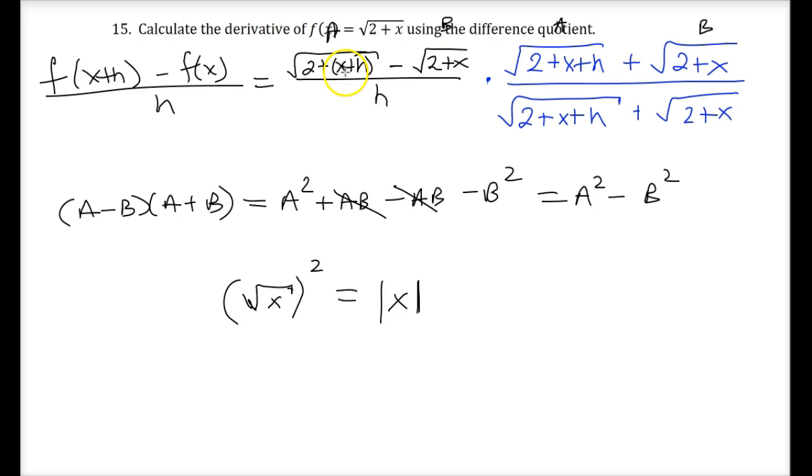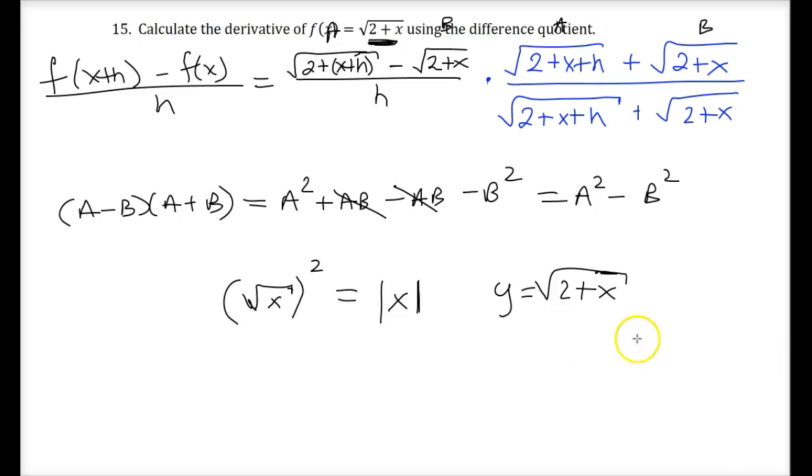Whatever values of x we plug into this expression, we know from our original function that for the square root of 2 plus x, the domain requires 2 plus x to be greater than or equal to 0.